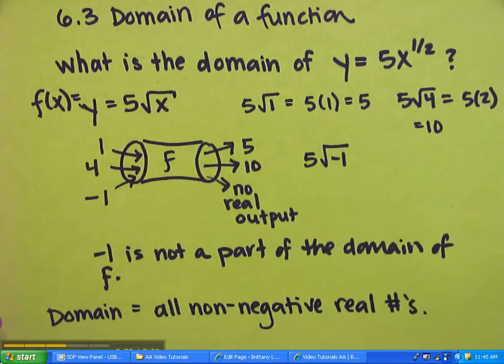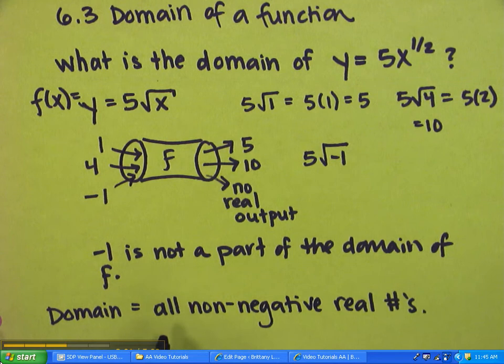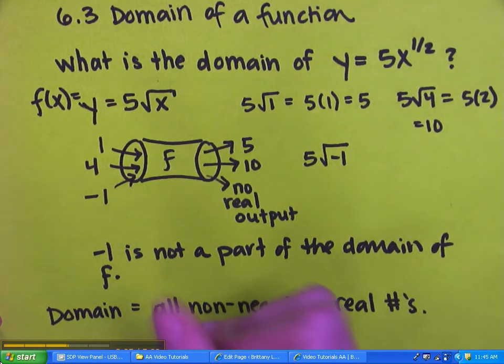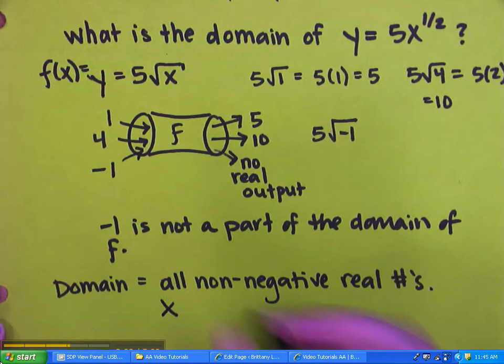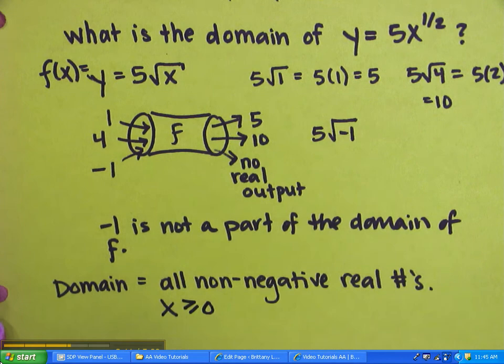Now, if that's a pain in the butt to write out, which I kind of think it is too, another way to say all non-negative real numbers would be to say that x, your inputs, have to be greater than or equal to 0. So you could say the domain of the function is x is greater than or equal to 0, which is a lot less writing.